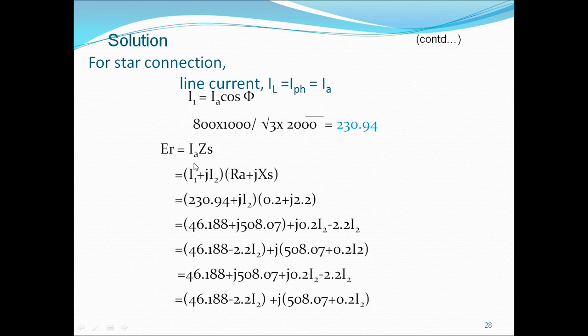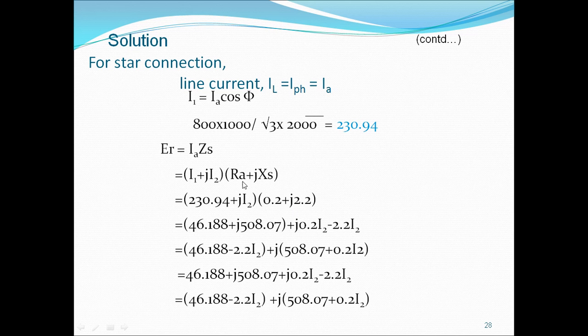And what is ER? ER is equal to IA into ZS, both real part and imaginary part. IA is equal to I1 plus jI2, and ZS is RA plus jXS. Substitute the values here. We know I1, I2 we don't know. So 230.94 plus jI2 into 0.2 plus j2.2.